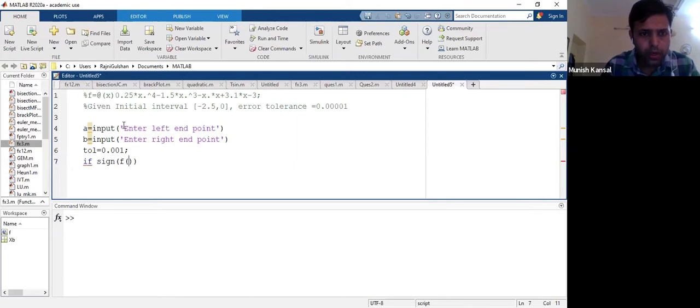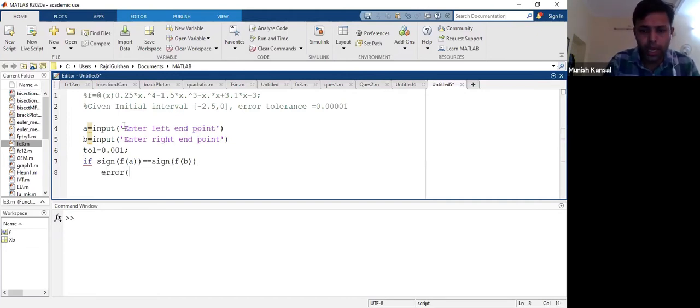If sign of f of a is the same as, for same I will write down double equal sign, sign of f of b, what does it mean? If you calculate f of a and f of b and the sign is the same, then what should be the output?